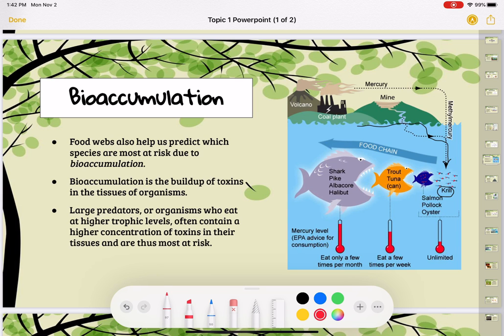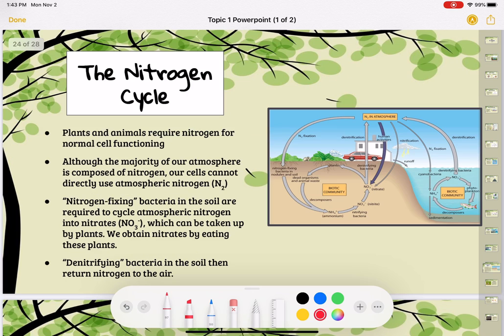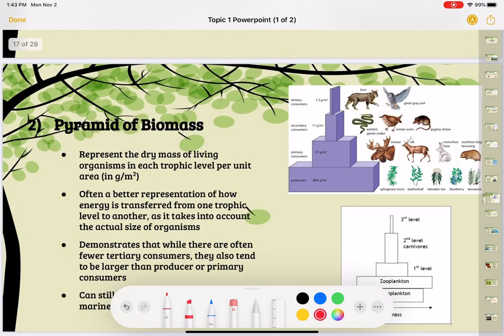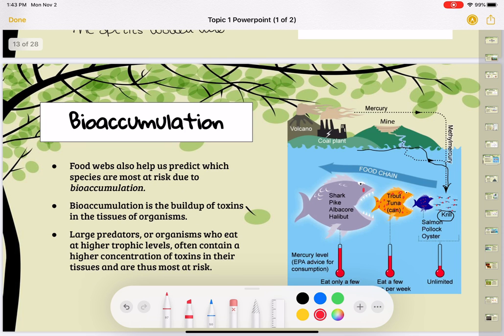And then the trout and the tuna come along, and they eat a bunch of those salmon, and then they have, I don't know, many, many more, right? My little dots are the toxins. And then a shark or a pike or a halibut come along, and they eat like 10 of those trout. And then we've got a huge problem. We've got species up in the food chain that have tons of toxins in their body. I guess I can just put a bunch of dots.